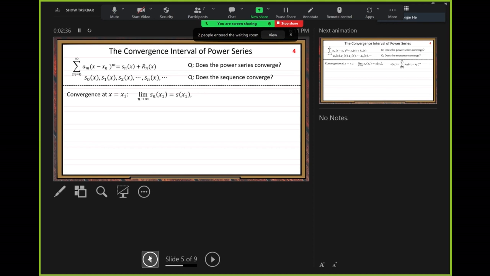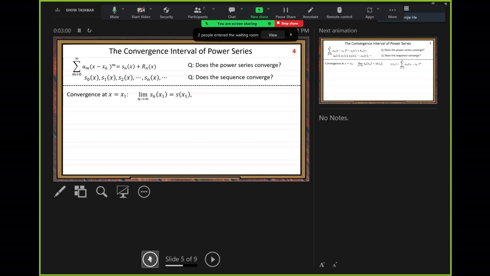Then, with that sequence defined, we consider the limit of this partial sum sequence, based on the calculus definition of the limit of a sequence.